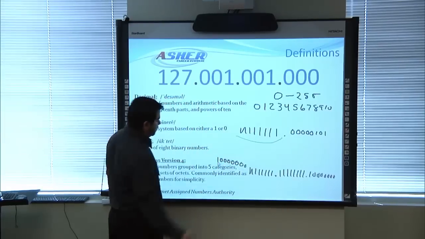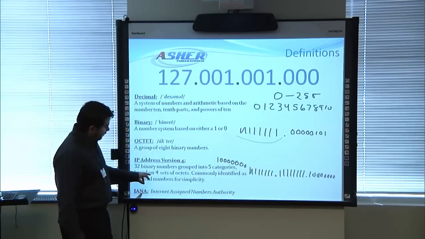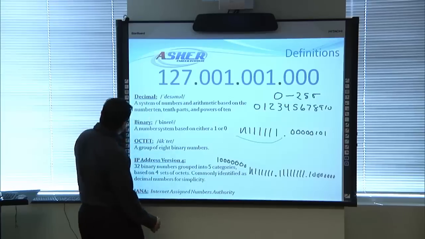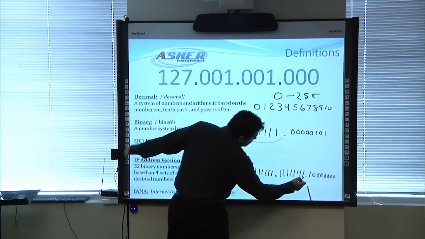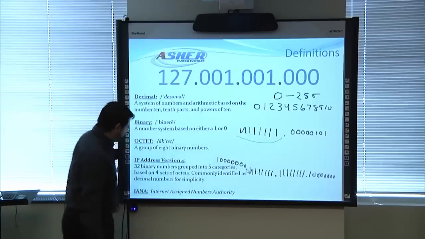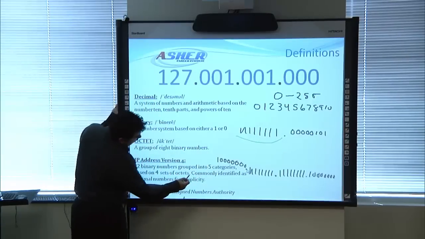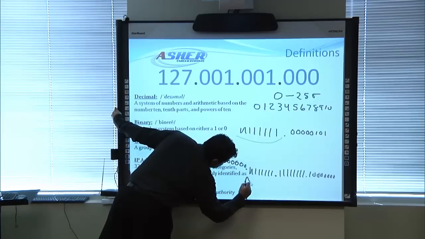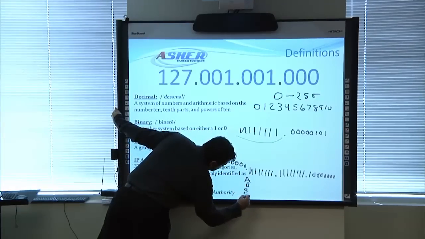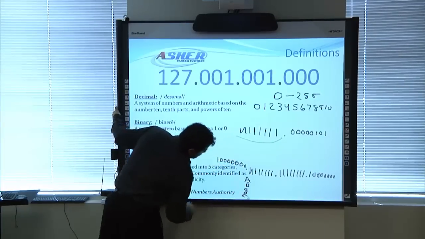Okay, so I've got 32 numbers there, based on 4 sets of octets. Okay, so here's one set, there's another set, another set, another set. So there's 4 sets. Commonly identified, the 5 categories. I forgot the 5 categories. The categories are going to be known as A, B, C, D, and E.